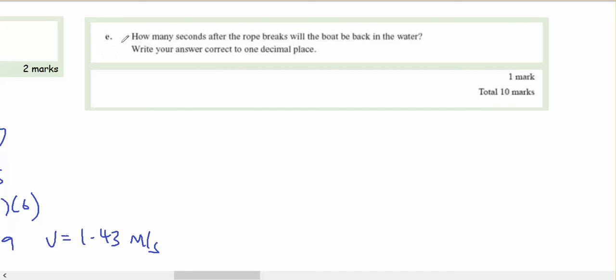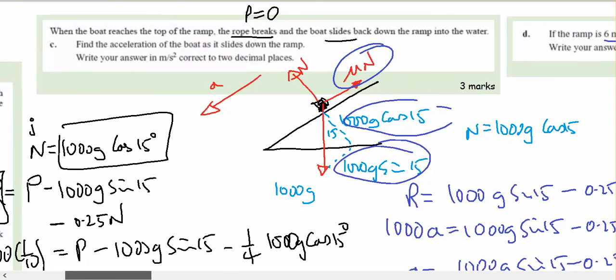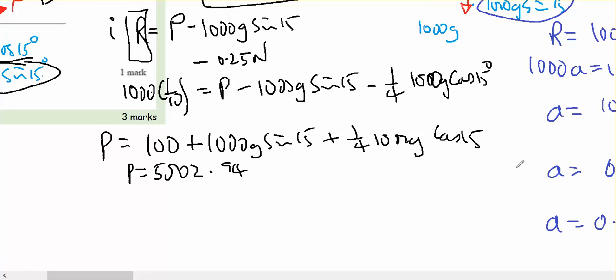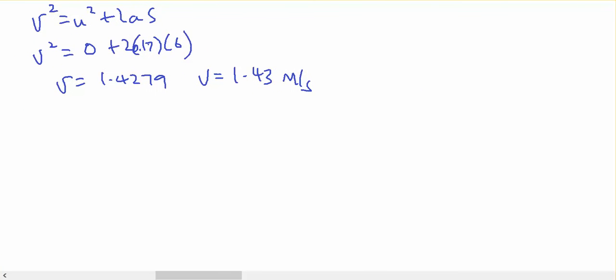And in part E, how many seconds after the rope breaks will the boat be back in the water? I'm still under acceleration of, what was it? 0.17.